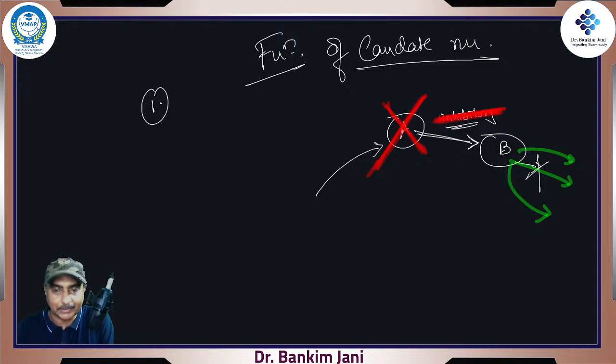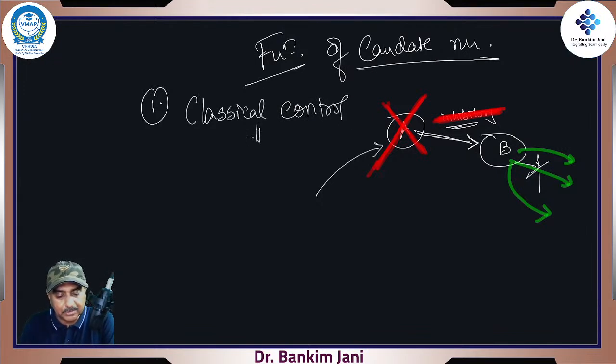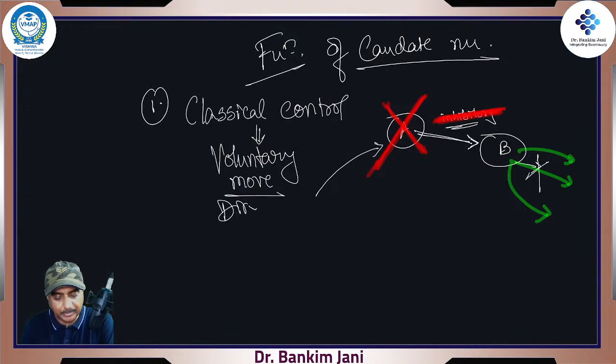The first function: caudate is critical because of the classical control. It controls voluntary movement, especially the directed movement.